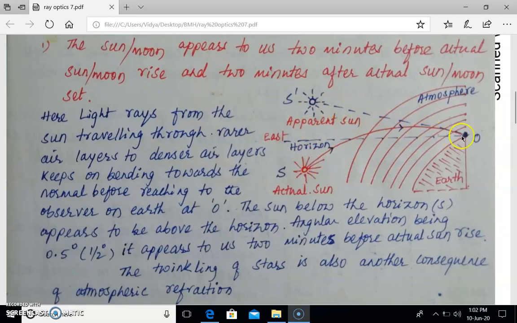To cover this half degree, the time required is 2 minutes. So for a sunrise, the sun appears 2 minutes before actual sunrise. For a sunset, even after sunset, the sun appears to us 2 minutes after actual sunset. So the day gets 4 minutes longer.